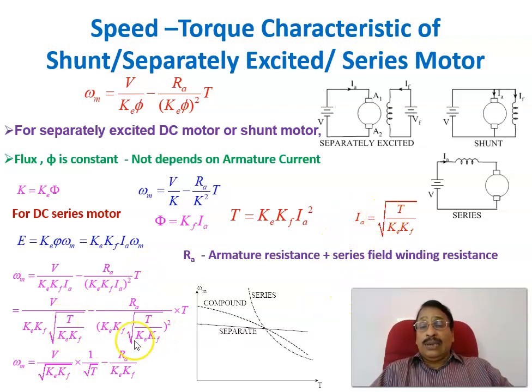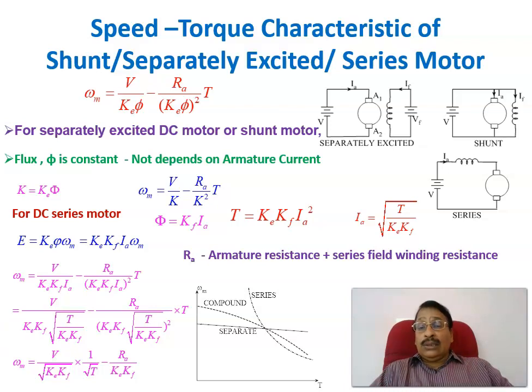Substituting for Ia from the earlier equation, we get V divided by Ke into Kf times the square root of T divided by Ke into Kf, minus Ra divided by Ke into Kf. For a series motor, the angular velocity omega M is given by V divided by the root of Ke into Kf, into 1 by root of T, minus Ra divided by Ke into Kf. So omega M is inversely proportional to the square root of the torque in the series motor.